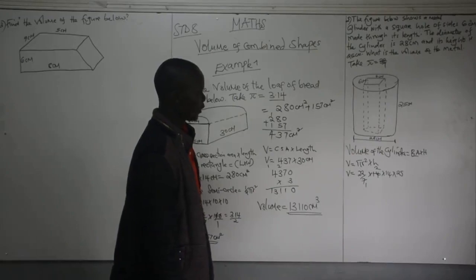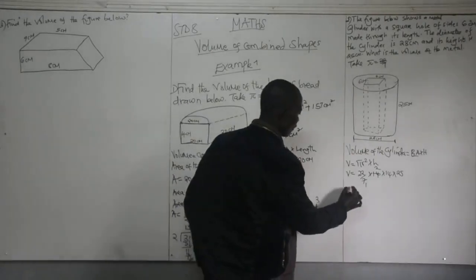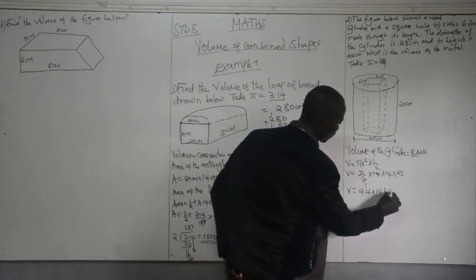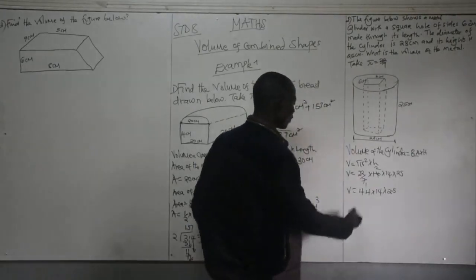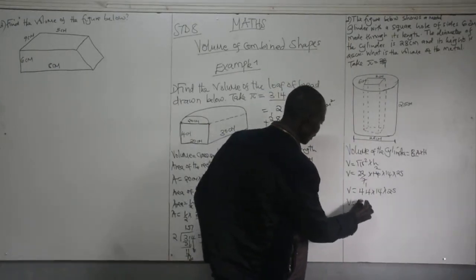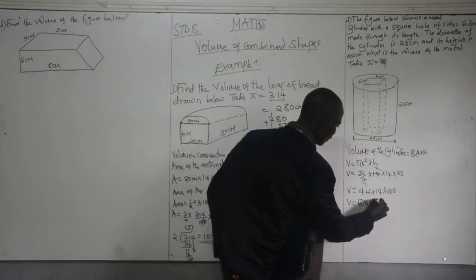So you can say volume is equal to 44 times 14 times 25. So 44 multiplied by 14 gives us 616 times 25.